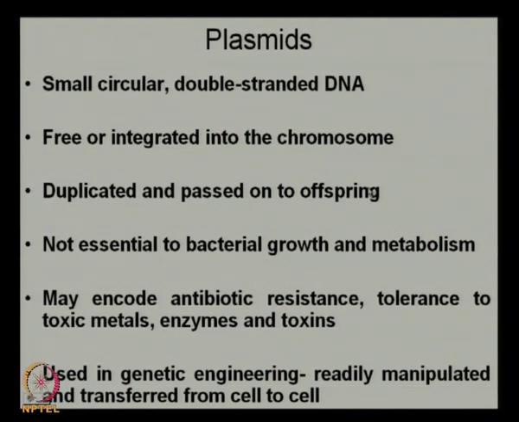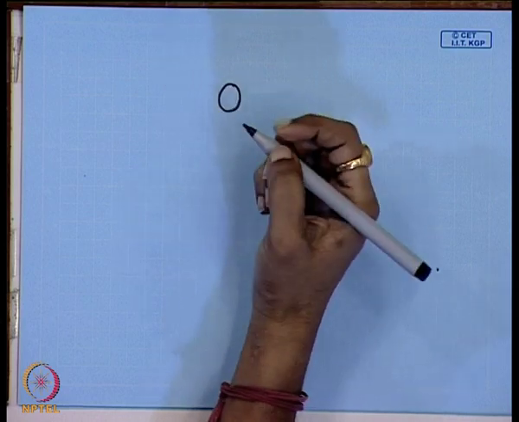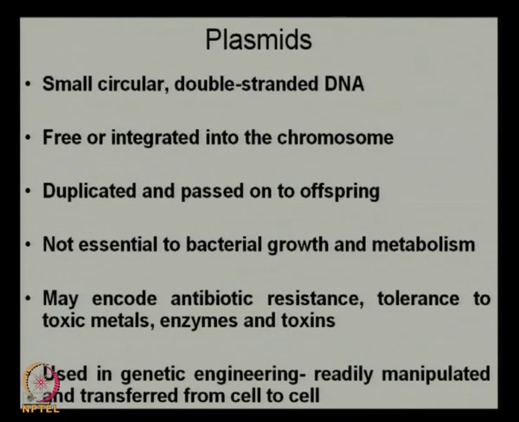Now, coming to the plasmid, in these prokaryotes it is very important to have this unique structure. This is the circular DNA. Besides the nuclear material, we have a small circular double stranded DNA which is present, and it is free or integrated into the chromosome.